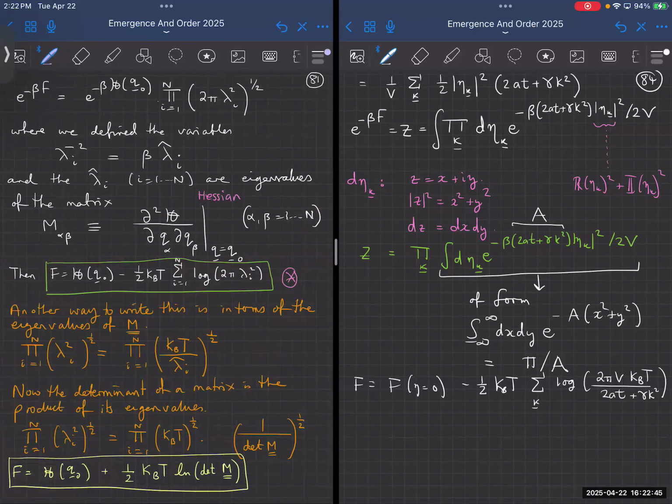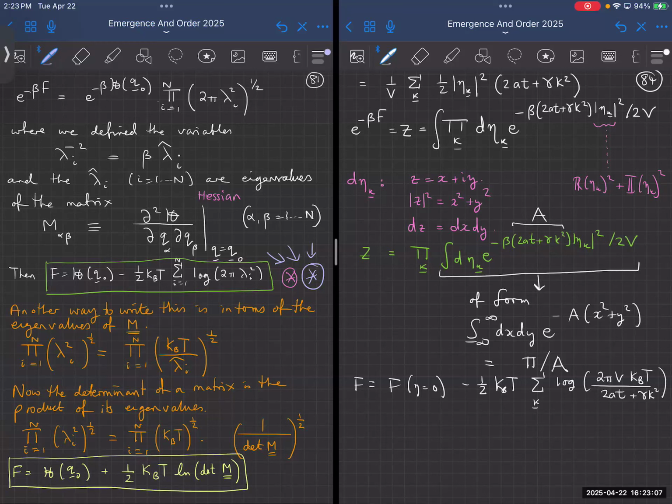So this is the analog of what I have over here on the left-hand side of the screen, on this equation, but now it is summed over k modes.